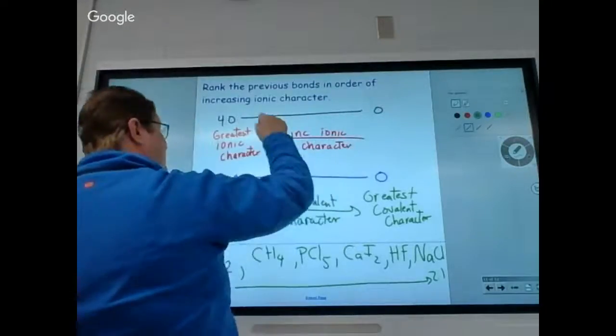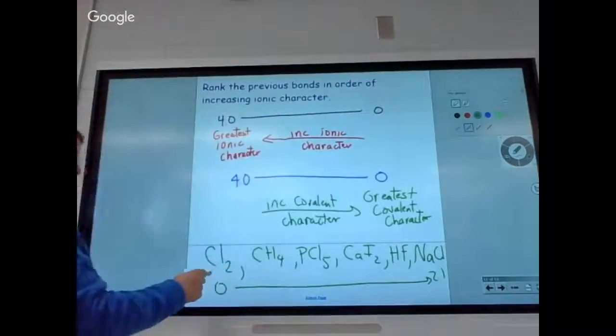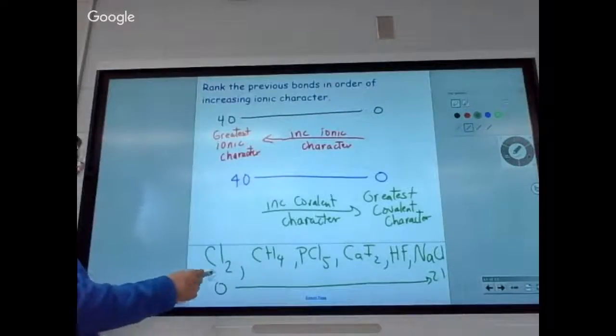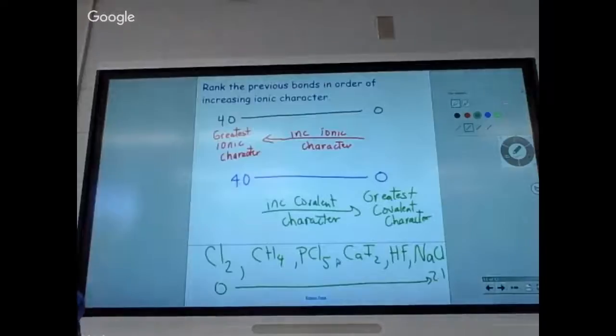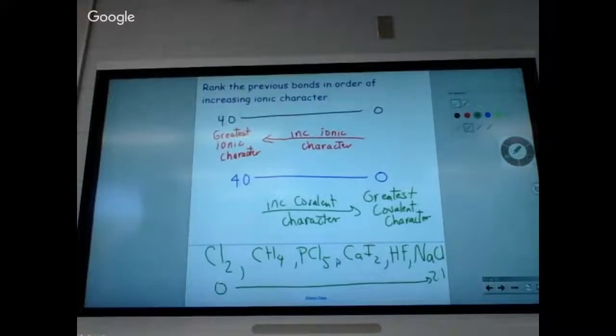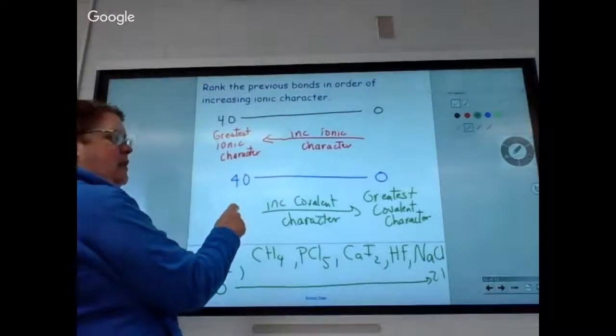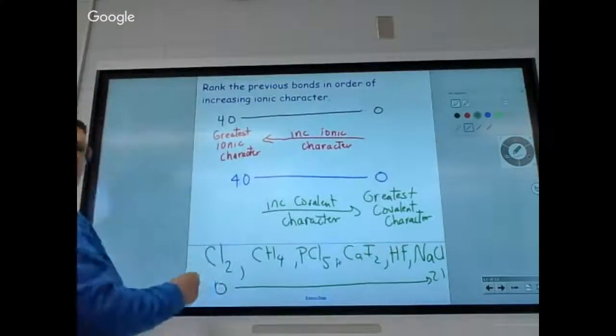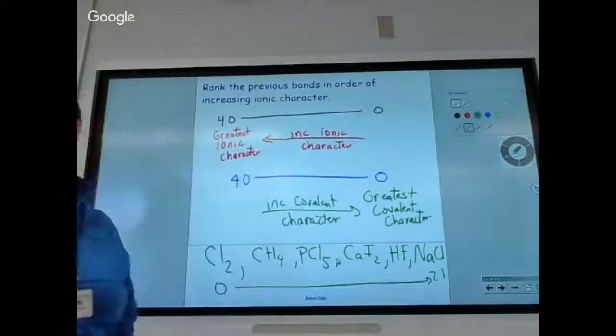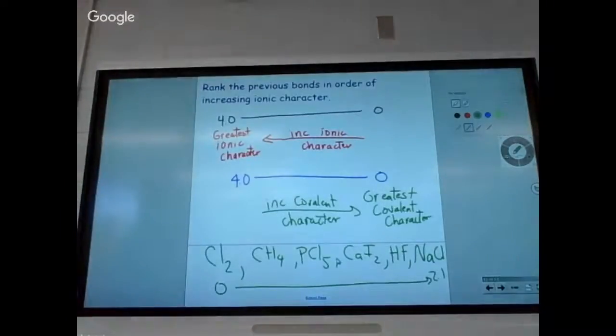So chlorine is the smallest number you had, and you're going to the biggest number. I'm always going to write them in a list from left to right. Even if I was doing increasing covalent, I'm going from 4 to 0. I'm still going to go left to right when I write my list, but I'm going from the biggest number to the smallest number.